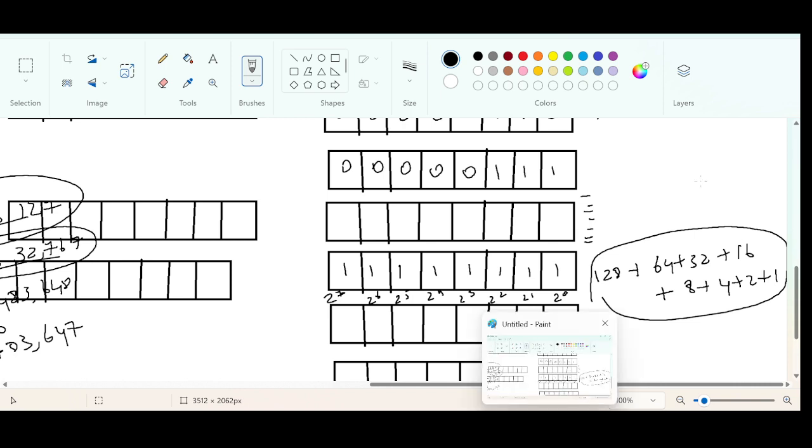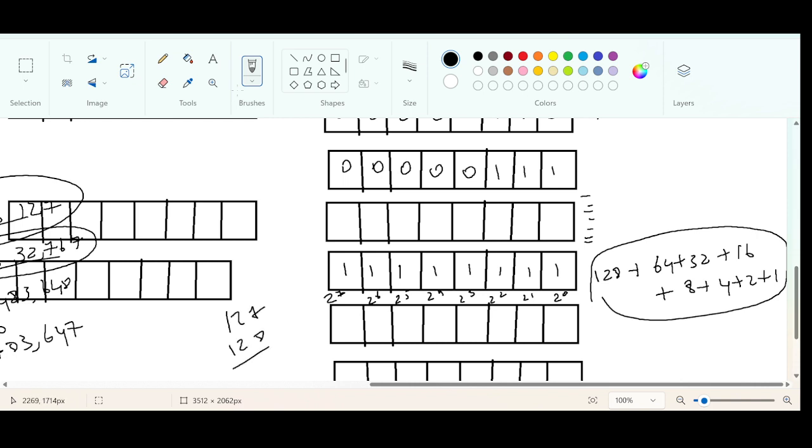Anyone? 127 plus 128. 255, isn't it? Am I correct?